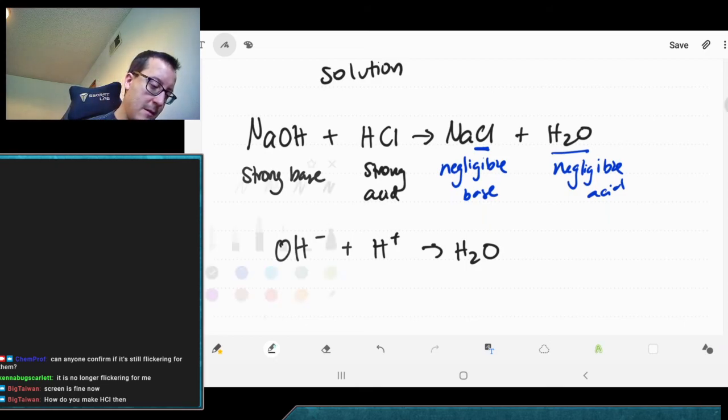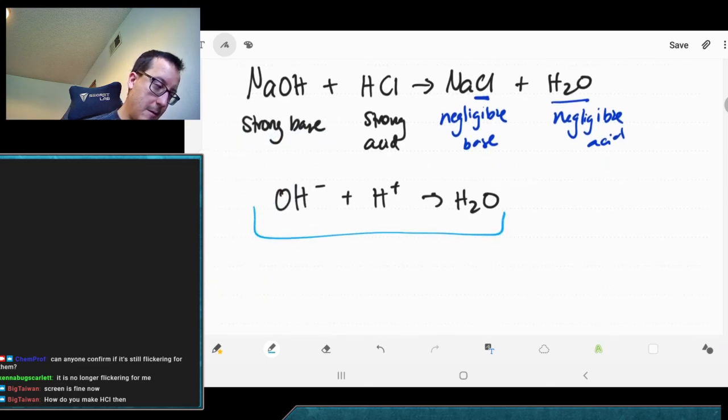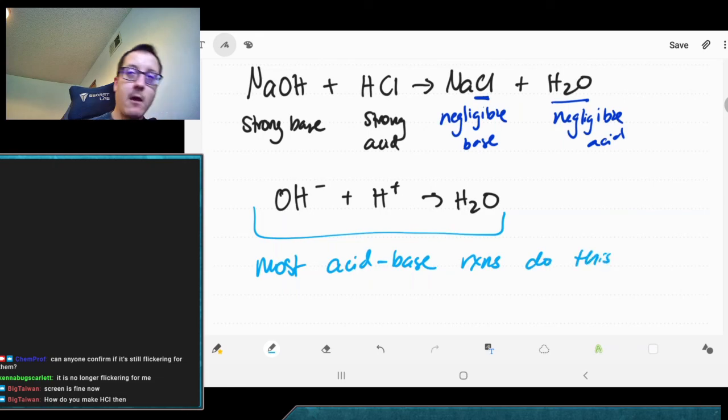So we're going to see that most acid-base reactions follow this as their net ionic equation. Sometimes, yeah, you'll have other products or whatever, but by and large, this is kind of like the general template. So you have some sort of acid, some sort of base turning into water. When we talk about most acid-base reactions in this course, this will be your net ionic equation by and large. So that's what we see here.